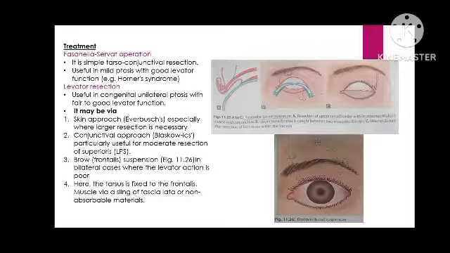It should be examined in primary gaze, up gaze and down gaze. The amount of ptosis is the difference in palpebral apertures in unilateral ptosis, or the difference from normal in bilateral ptosis.